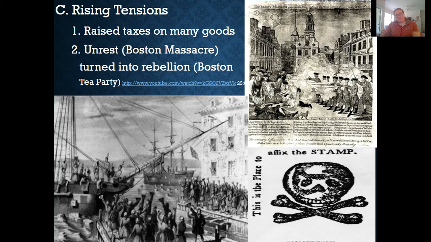So this created some rising tension between the colonists, who were now being forced to pay for this wartime debt, and the government in Great Britain, because the government in Great Britain raised taxes on many of the goods.